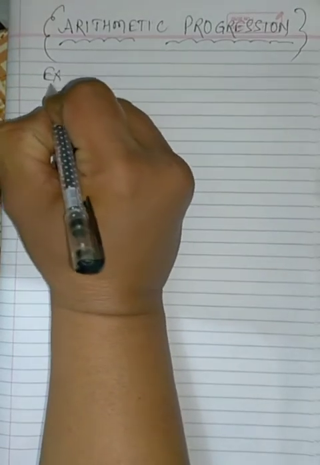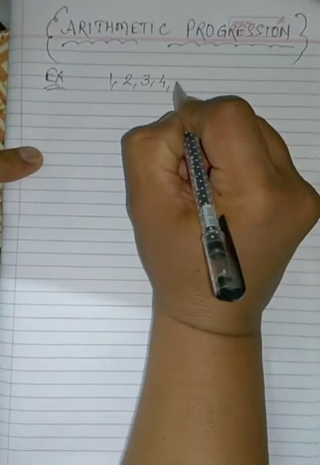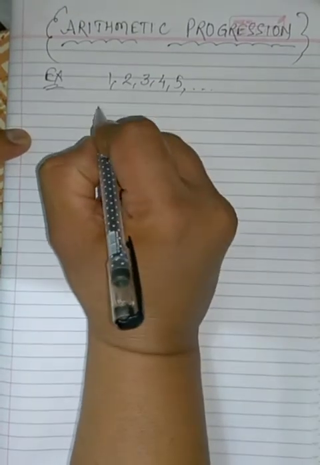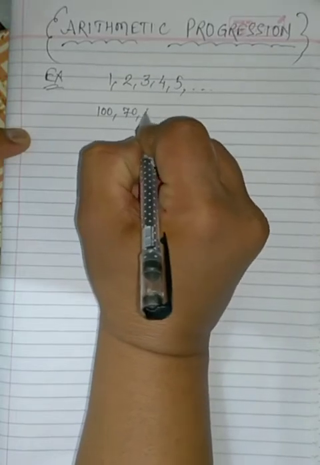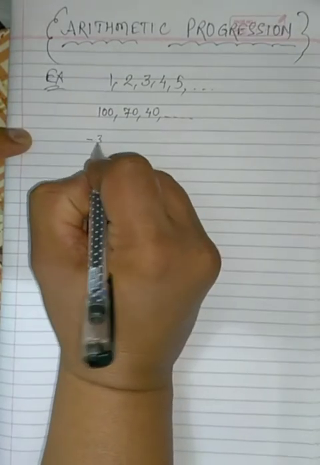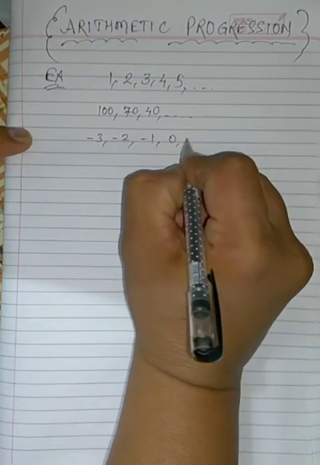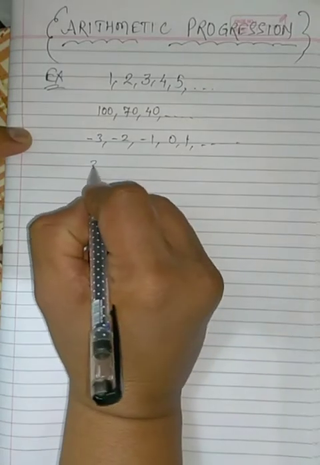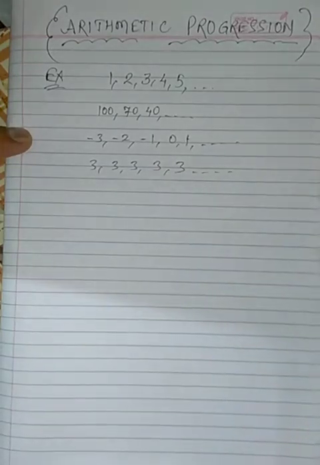For example, 1, 2, 3, 4, 5, and so on, or 100, 70, 40, and so on, -3, -2, -1, 0, 1, and so on, or 3, 3, 3, 3, 3, and so on.